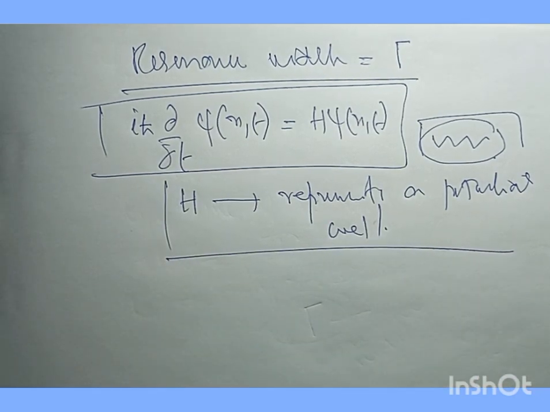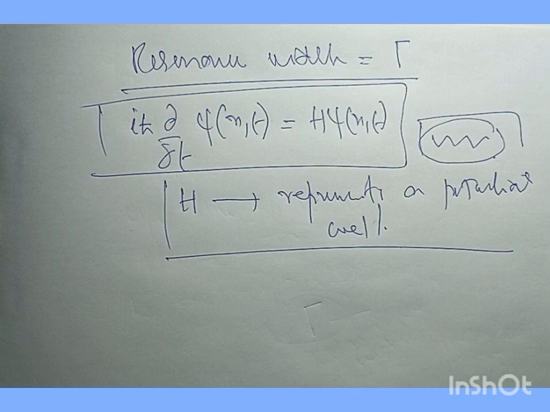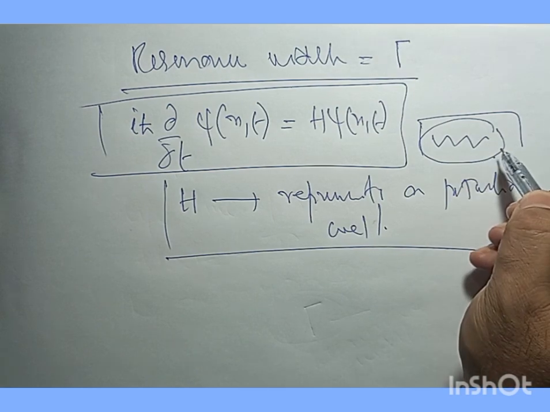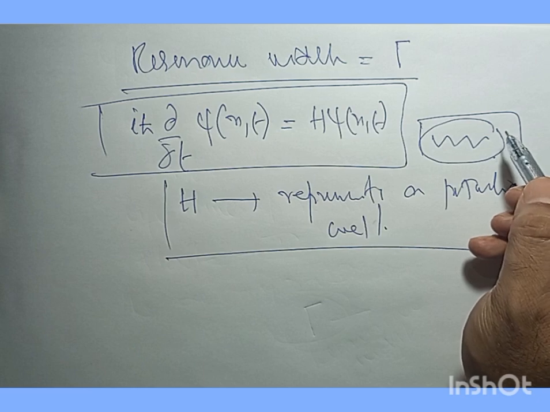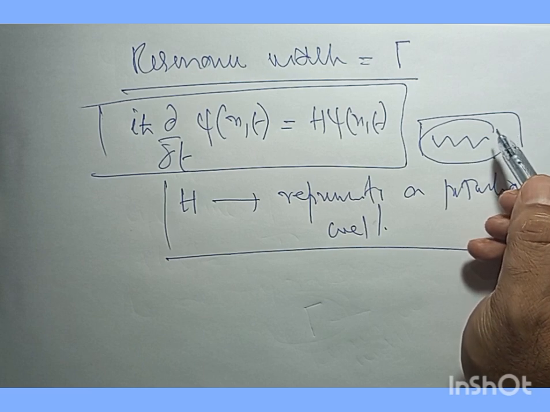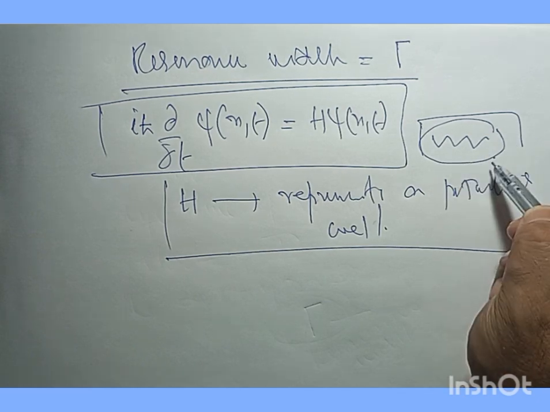Now, what happens in resonance scattering? The particle is momentarily trapped in the quasi-bound state. And what happens then? Then there is a decay, which decays after some time.